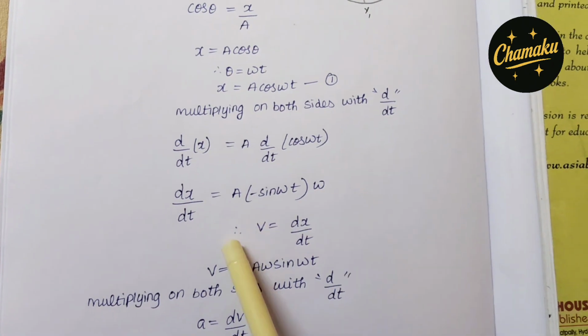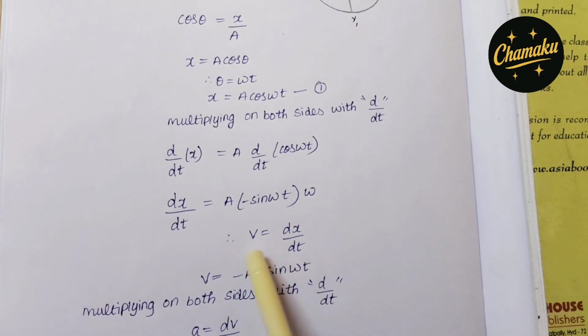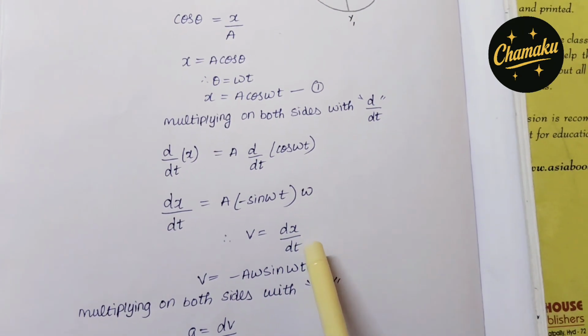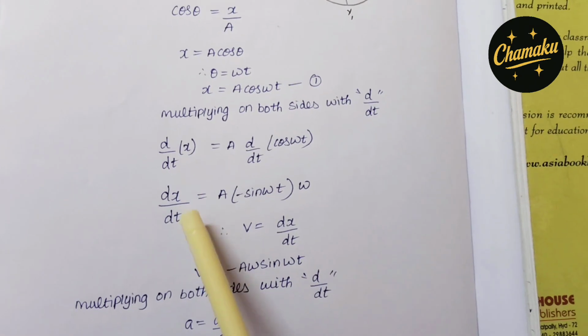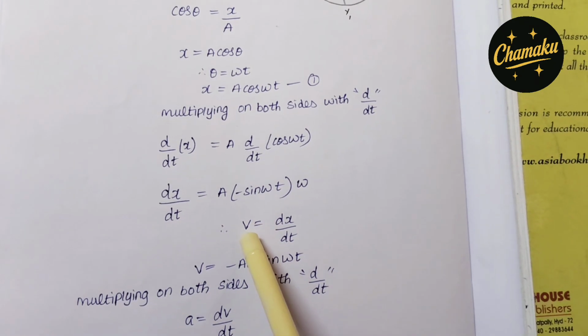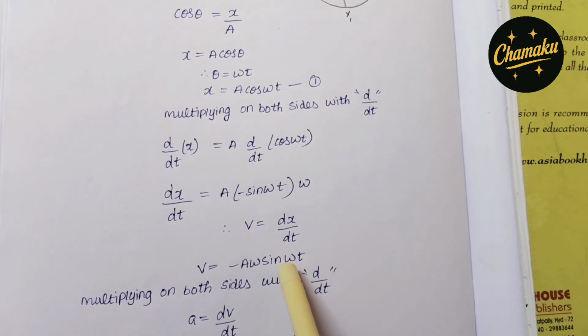So the velocity formula is displacement by time, right? So v is equal to dx by dt. In the place of dx by dt we will be taking v. So v is equal to minus a omega sine omega t.